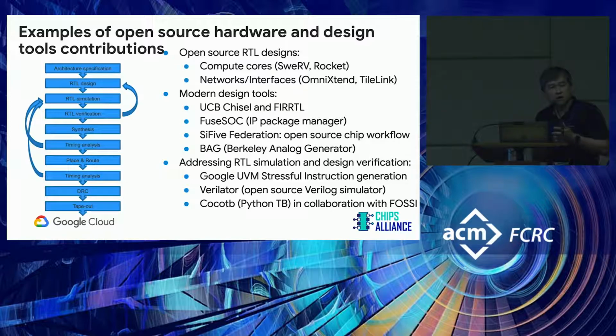There's the Rocket Core, which is moving from UCB over into CHIPS Alliance. And then there's a Swerve Core, which is Western Digital's RISC-V core that they intend to deploy into their disk drives. And they've made a very bold statement to say that they will be shipping over 1 billion of these open source RISC-V cores in the near future.